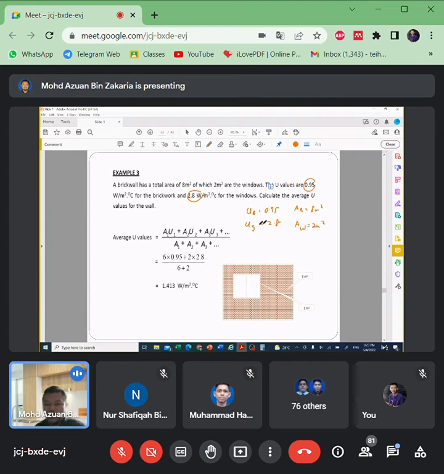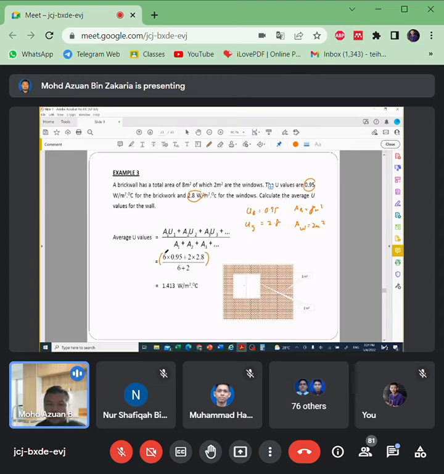Okay, normally how to get this U value? We need to calculate one by one. So U value glass needs to be calculated, U value brick wall needs to be calculated if it has several layers. So then we have 2 types of U value. When we have this, to calculate overall or average U value, we need to use this equation, right? So 8 minus 2 is 6.